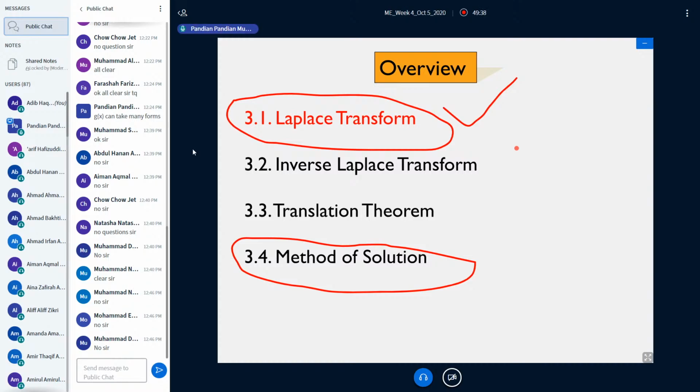Again, we will solve the same problems. We are solving the problems in chapter 1, linear first order, and also linear second order, by using another method, Laplace transform, which is considered to be one of the most sophisticated methods to solve linear differential equations.